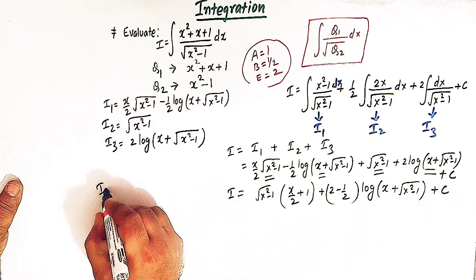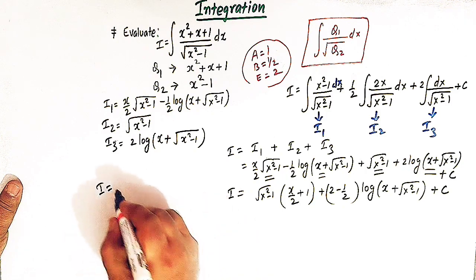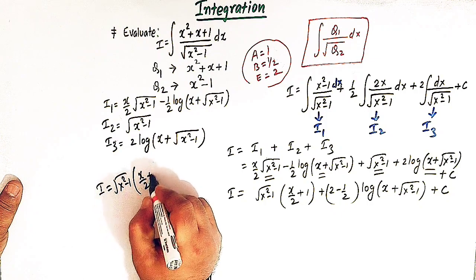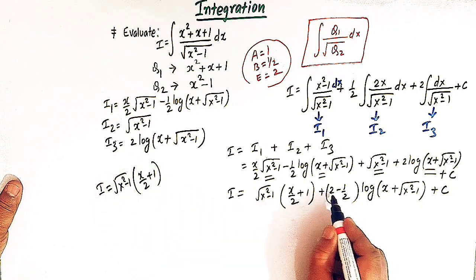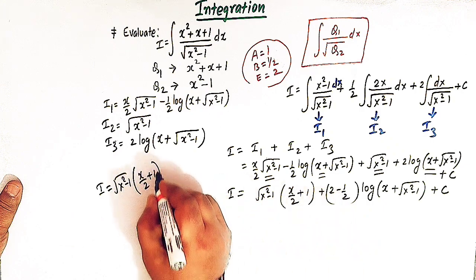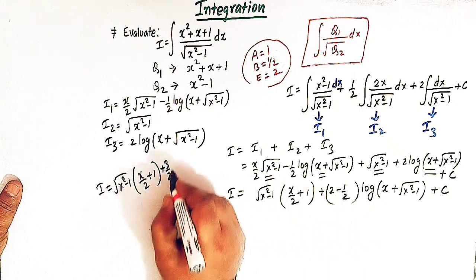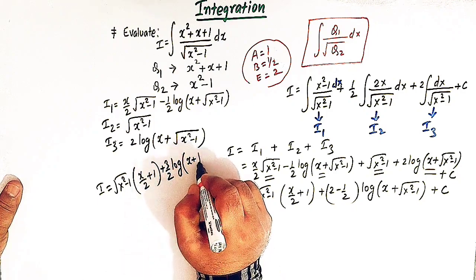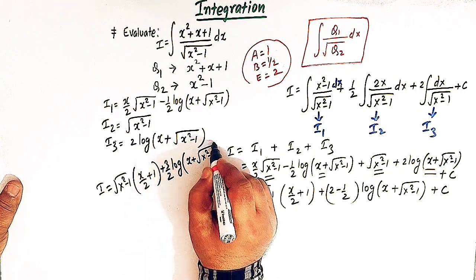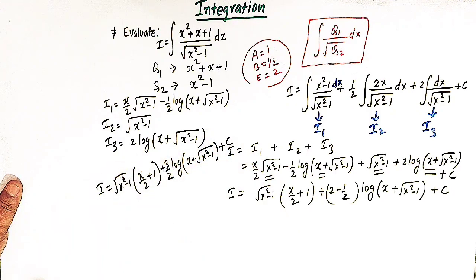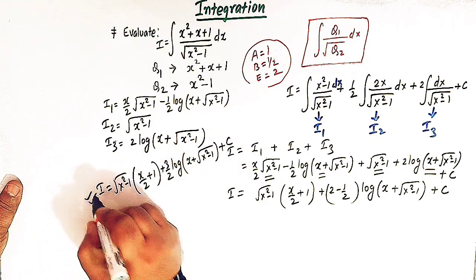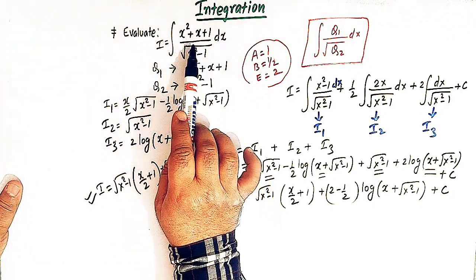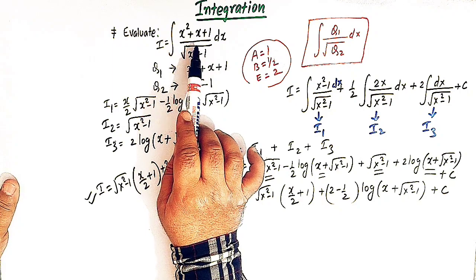So now we can rewrite this integral I as the square root of x square minus 1 times x over 2 plus 1, and here we have 4 minus 1, that is 3, so this is 3 by 2 log of x plus square root of x square minus 1 plus c, right? So this is the required expression for the indefinite integral of this function.